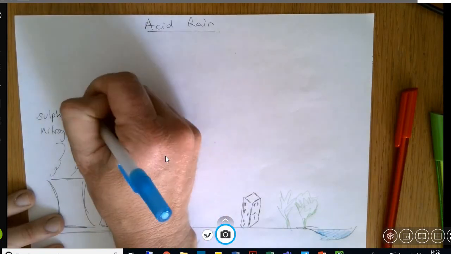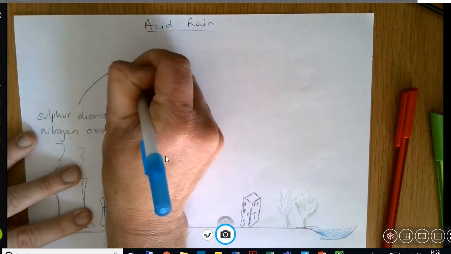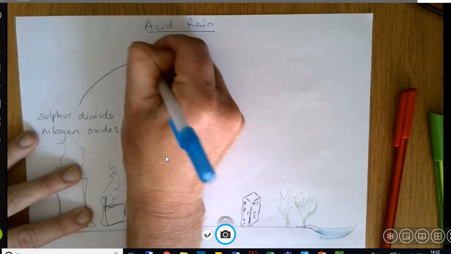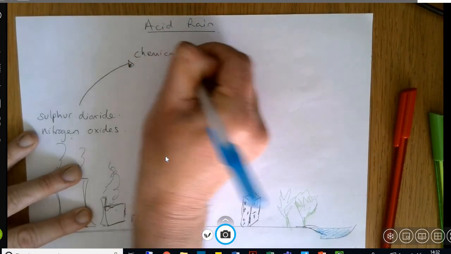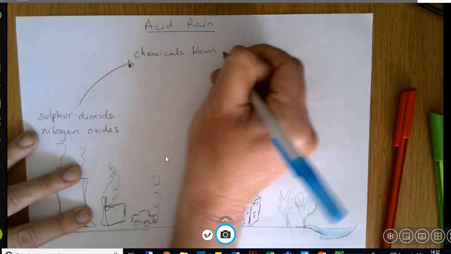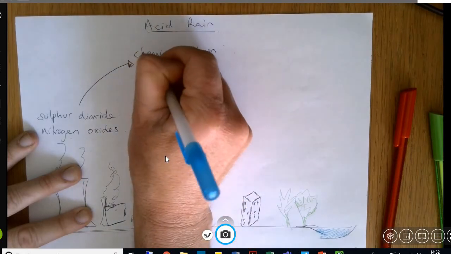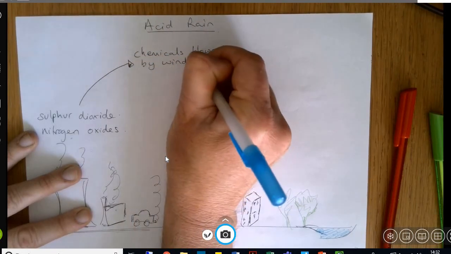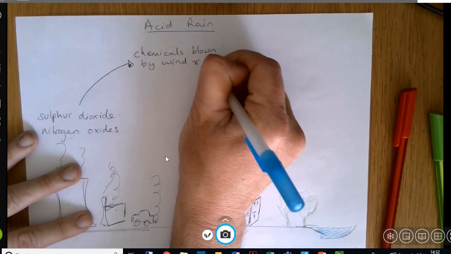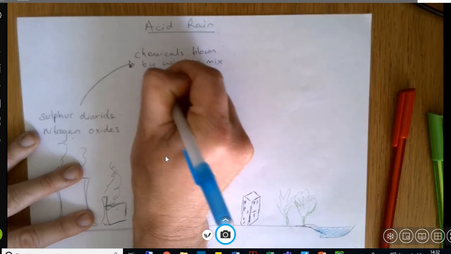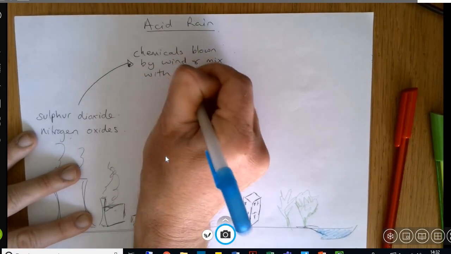Those chemicals are then blown by the wind, and they mix with water which is in the atmosphere.